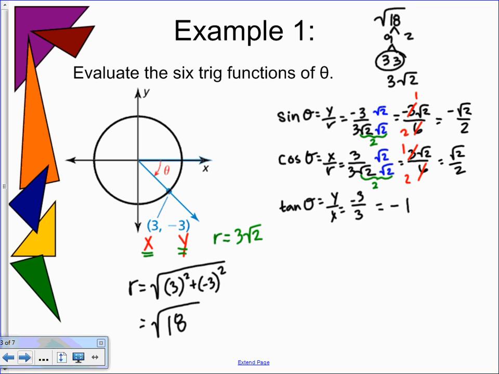Now here I'm going to talk about a little hint to help you do the least amount of work, because I always like to work smarter, not harder. After you do these basic trig ratios and you rationalize, simplify, and do everything, you should go back, and if it's asking for 6 trig ratios, you should do cosecant, secant, and cotangent.